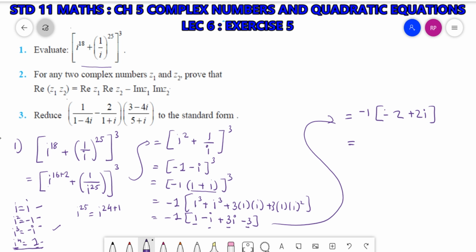Multiplying by minus 1, I will get 2 minus 2i. Or else I can take 2 common, 2(1 minus i). So this was about question number 1. Just note it down.